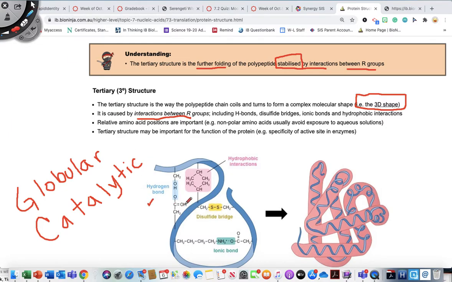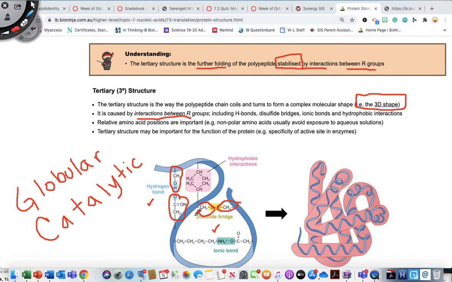So here you have one interaction between one R group here and another R group here. And you're not required to know all the names of these R groups. Okay. And then we see a disulfide bridge here between an R group here and another R group here.